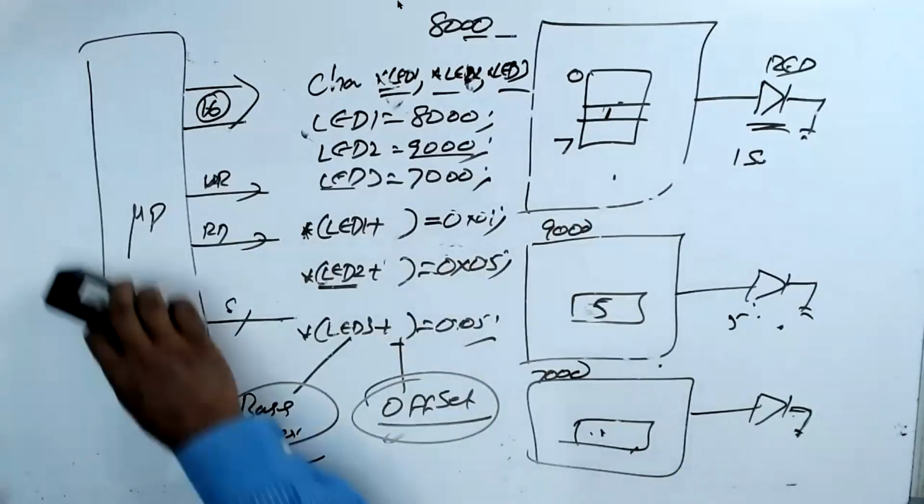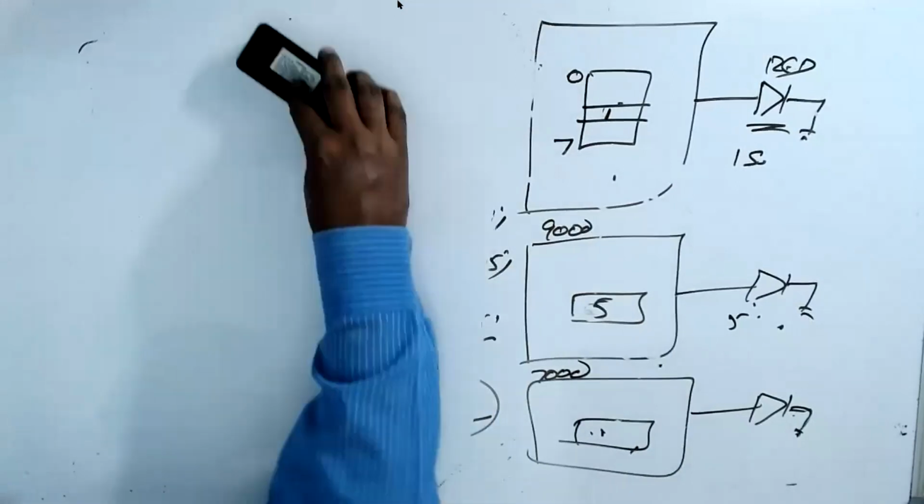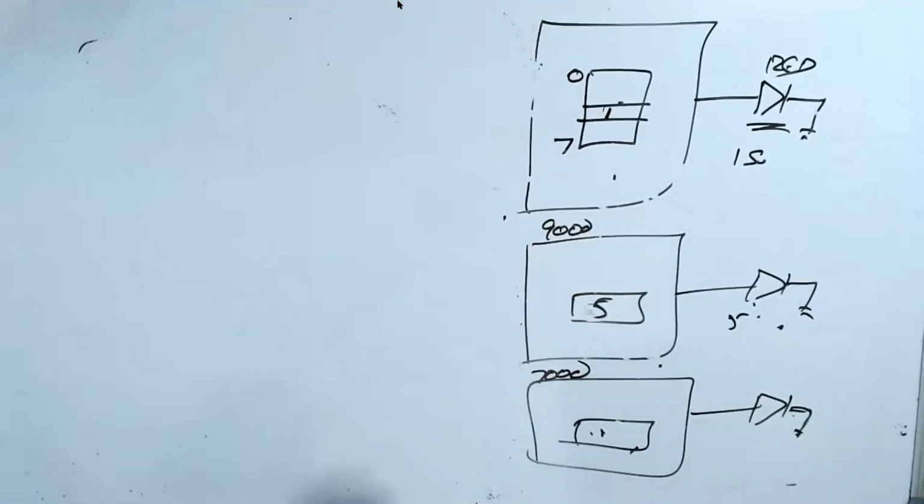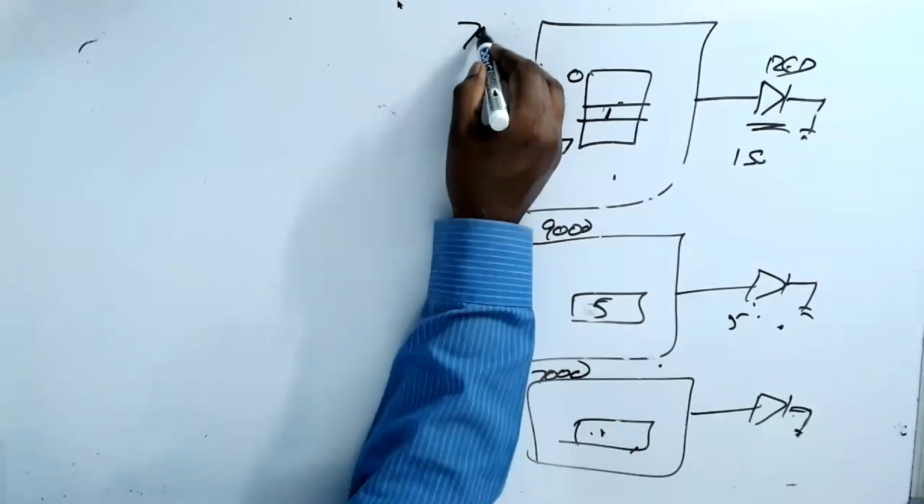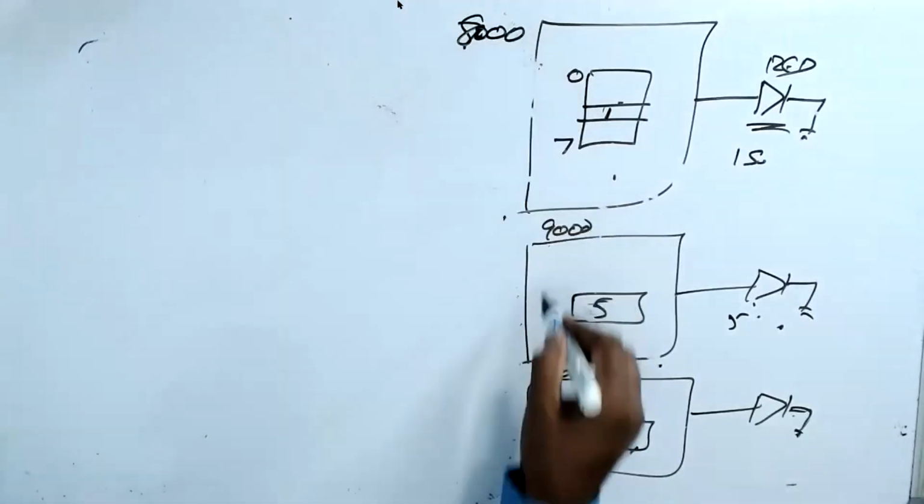Now, since you've asked, I'll explain it to you. See, these are 7,000, 8,000, 9,000.